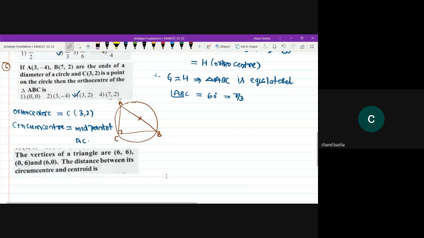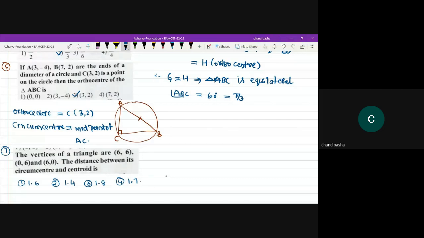Then what is the distance between its circumcenter and orthocenter? The options are given like this. These are the 4 options he has given.